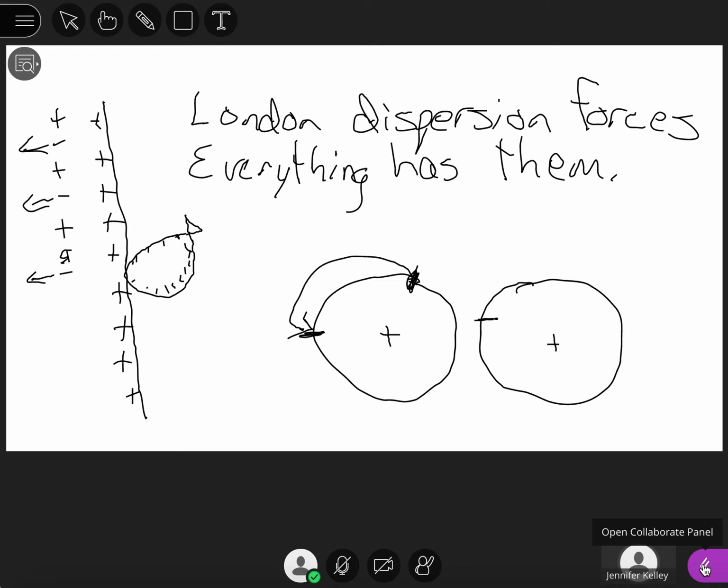So then the electron comes here. Then this will be attracted to the nucleus and it'll temporarily have a dipole moment. So if you look at it, you see that one part is negative and one part is positive. So you've got a dipole moment like this, it's temporary, and then another one like that.